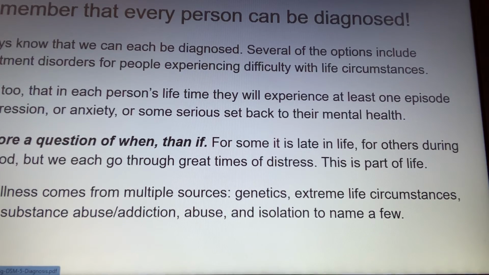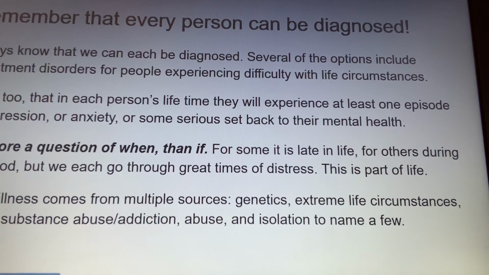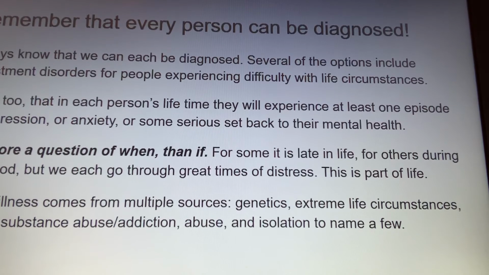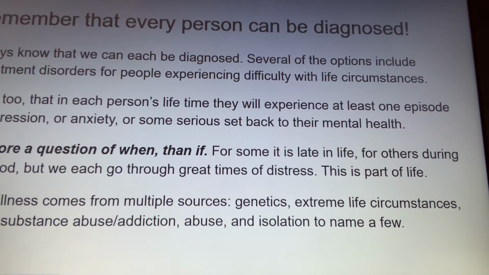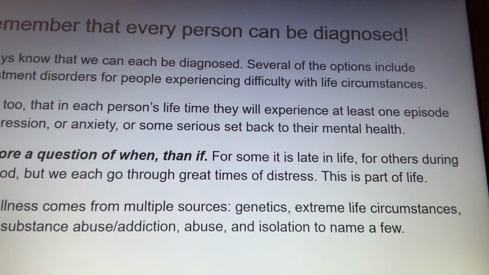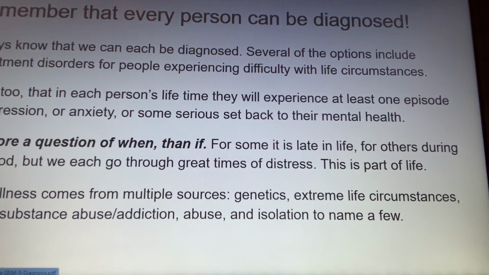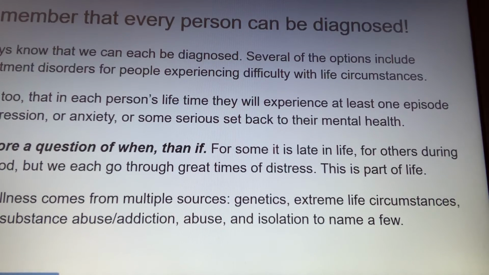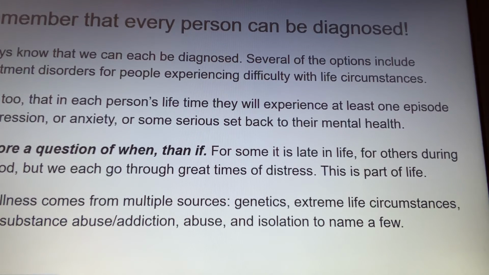So here's some important points to remember about the DSM. Guess what? Every single one of us can be diagnosed by this book. I am a licensed clinician, and I can diagnose any one of you, and I would find a way within this book.